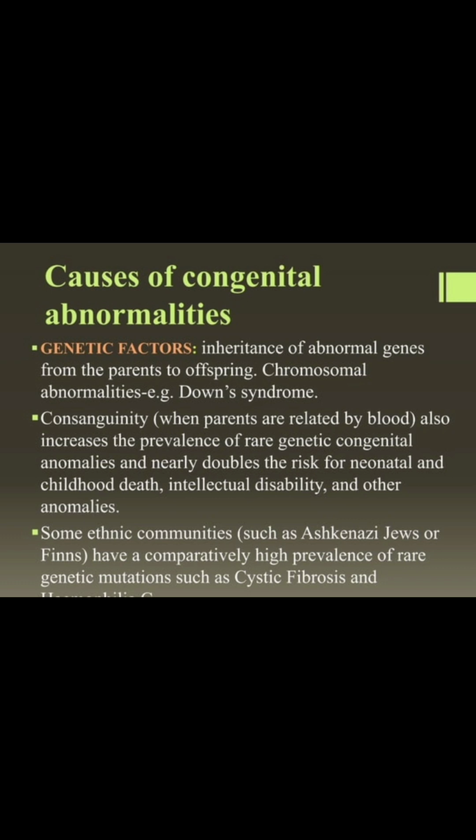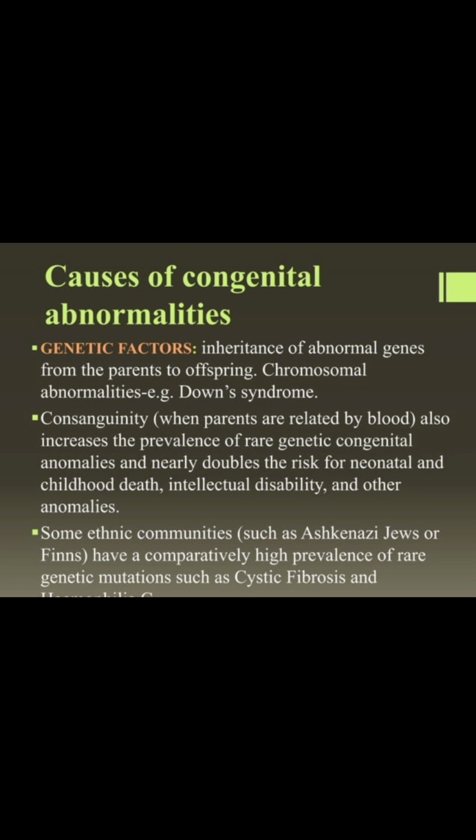What are the major causes of congenital abnormalities? The main factor is the genetic factor, the inheritance of abnormal genes from the parent to the offspring. Chromosomal abnormalities, for example Down syndrome. Consanguinity, when parents are related by blood, also increases the prevalence of rare genetic congenital abnormalities and nearly doubles the risk of neonatal and childhood death, intellectual disability, and other abnormalities.